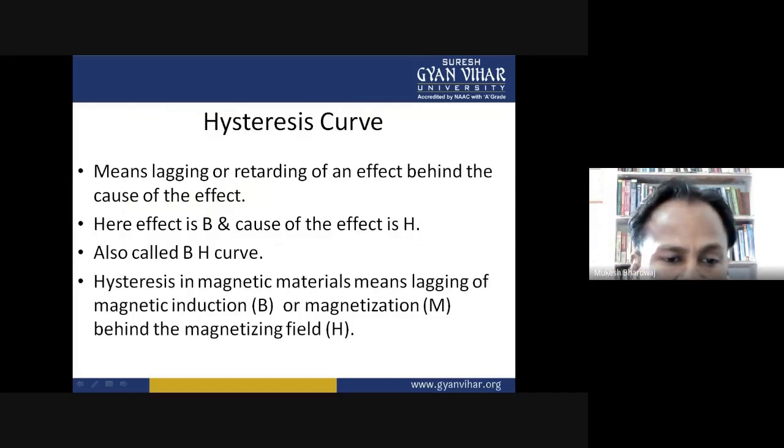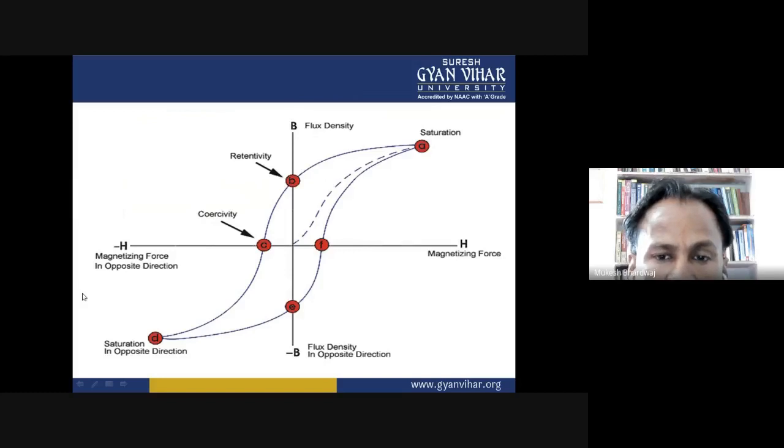Next, this is the hysteresis curve. By observing the figure, you come to know some terminologies.